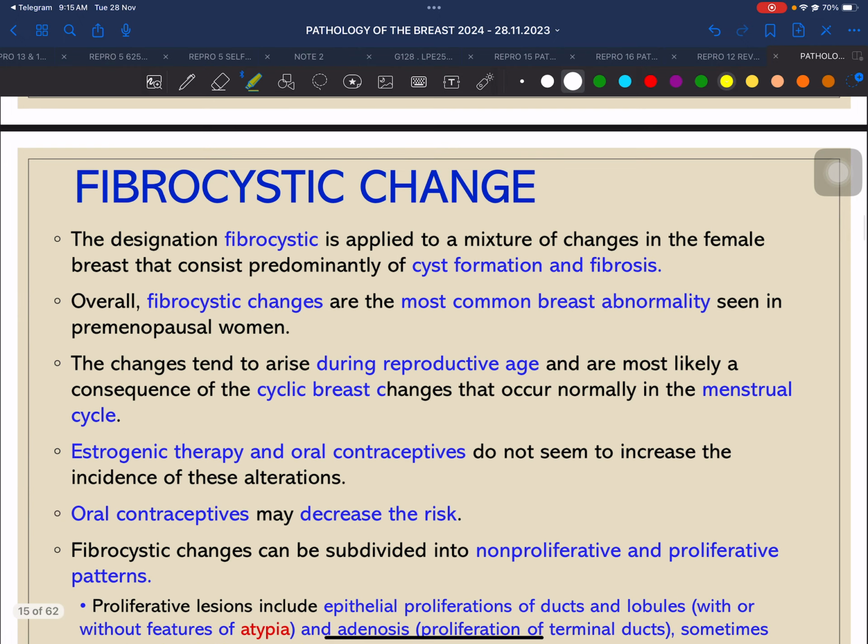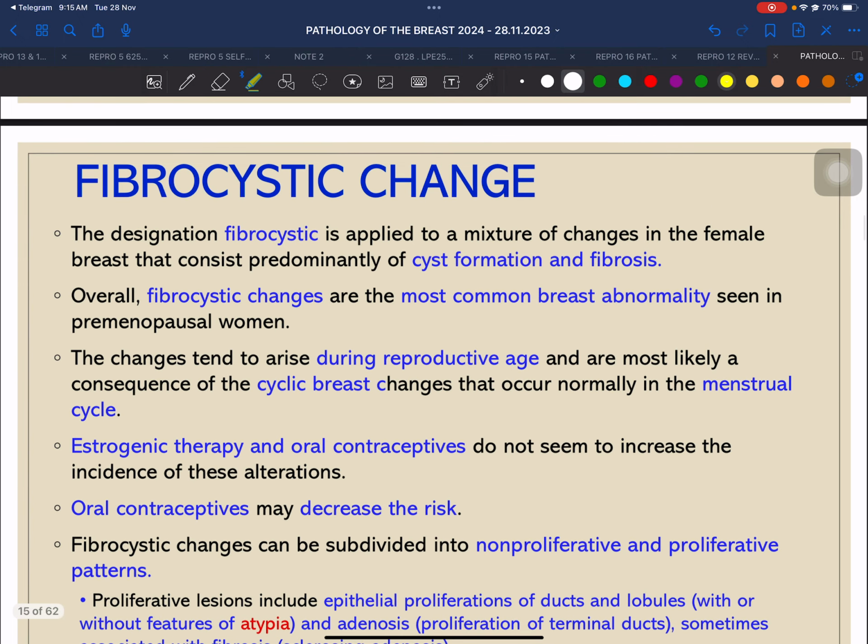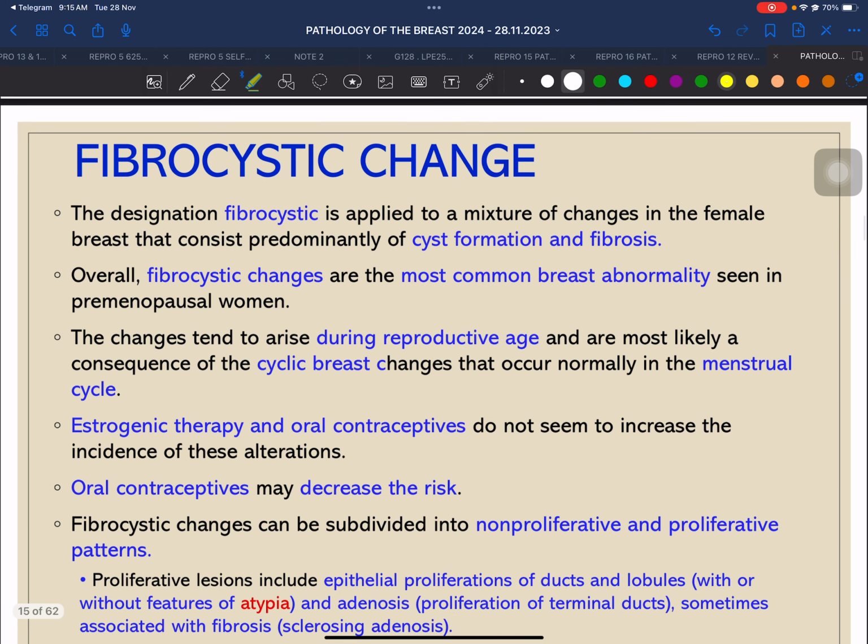The term that is used for these changes is fibrocystic change. From the name, you know that there must be some features of fibrosis and cystic formation. They are the most common abnormalities that you see in premenopausal women.